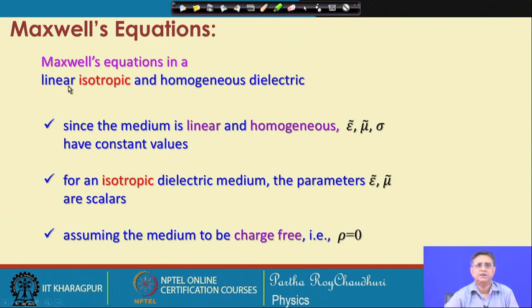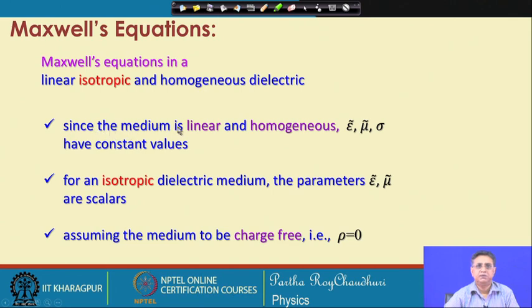Maxwell's equations in a linear, isotropic and homogeneous dielectric. The first thing we would like to emphasize is that this is the case of free space or vacuum that we will study, and we will arrive at the different equations.